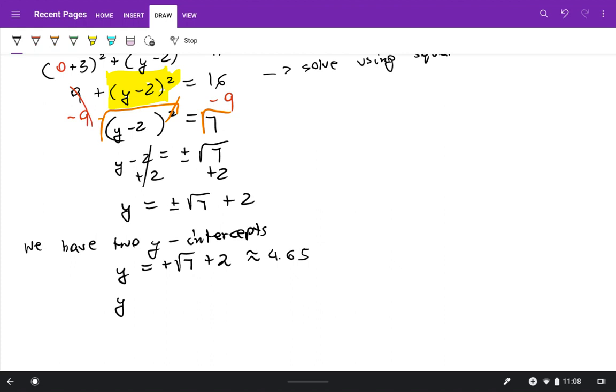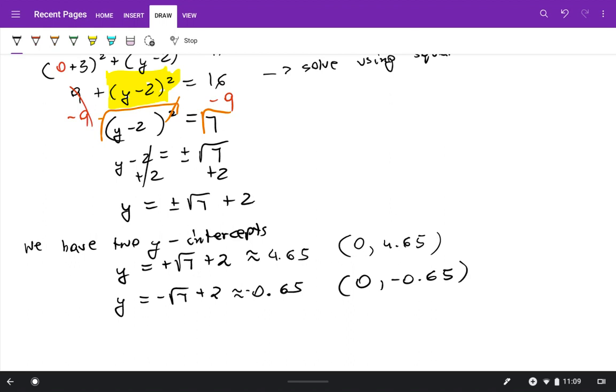And the second y-intercept will be negative √7 + 2, which is about negative 0.65. Which means, because we're going to graph it, you have (0, 4.65) and the second you have (0, −0.65).